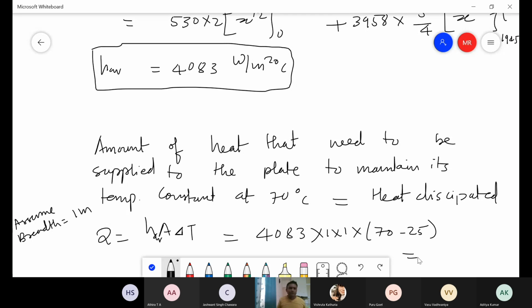So what is the value? 183735 watt. Okay, correct. So this much heat needs to be supplied continuously to the plate in order to maintain its temperature exactly at 70 degrees Celsius, correct?